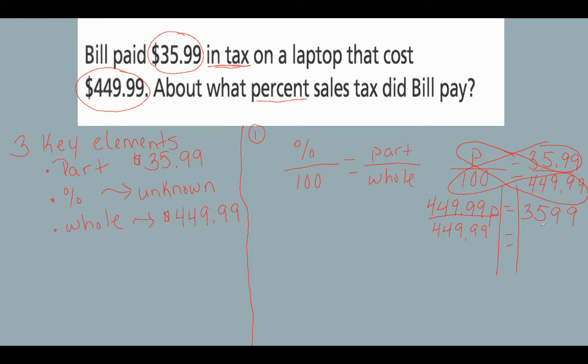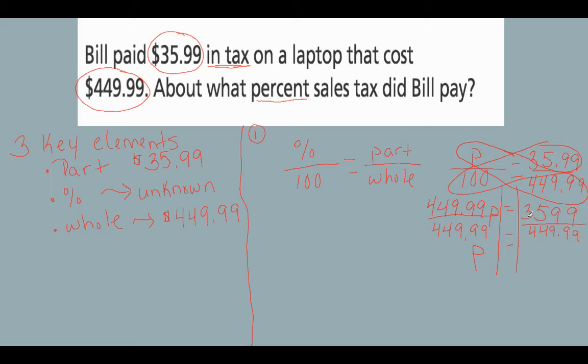This helps us isolate that variable, get the P by itself. Any number divided by itself is equal to 1, so I would have 1P left, but I don't really need to write 1P because I can clearly see that there's just P here.